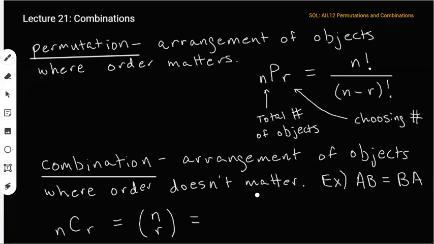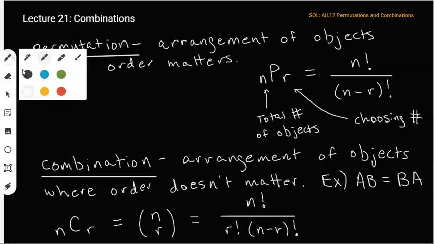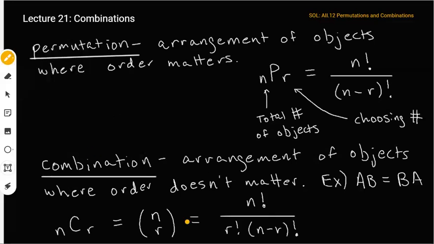So the formula is N factorial at the top, divided by R factorial times N minus R factorial. The only difference between the permutation and the combination formulas is this R factorial at the bottom.